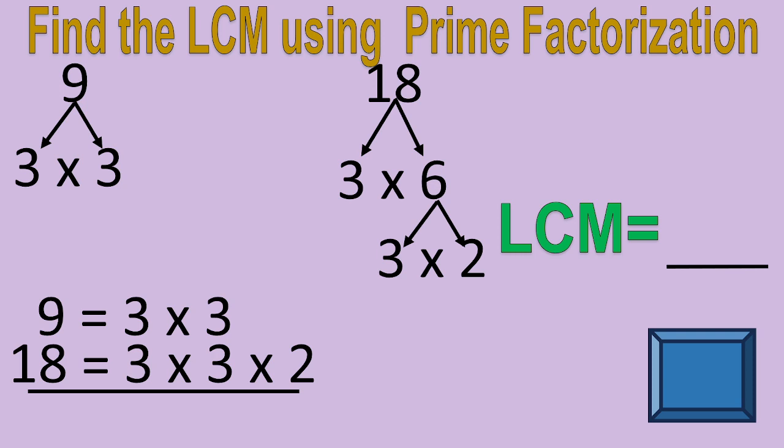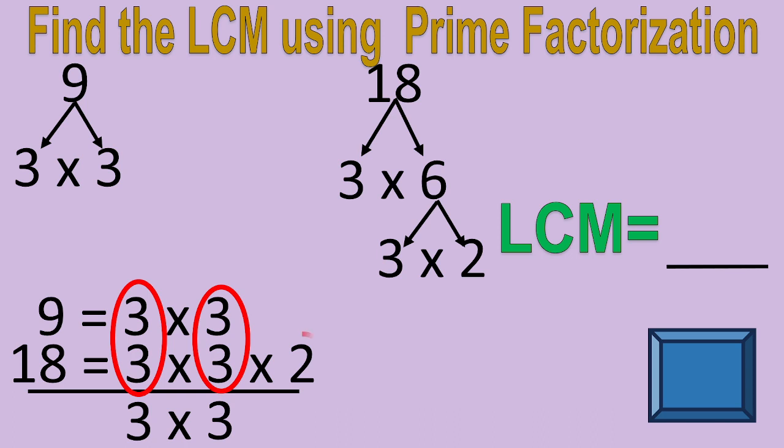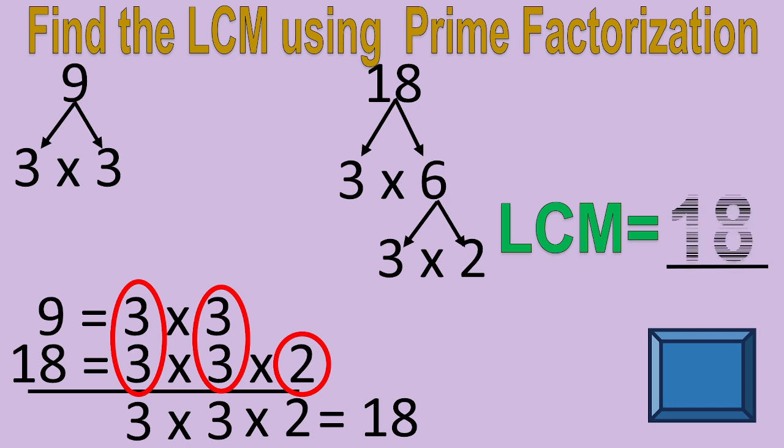The prime factorization of 18 is 3, 3 and 2. Now, the common prime factors of 9 and 18 are 3 and 3, and the uncommon prime factor is 2. So, 3 times 3 times 2 is equal to 18. So, the LCM is 18.